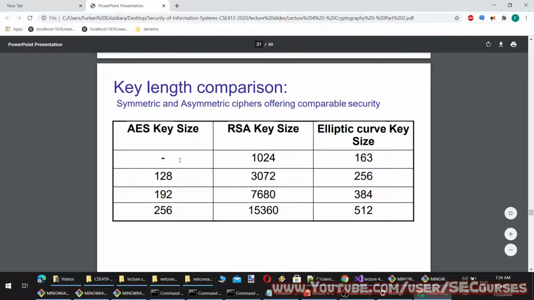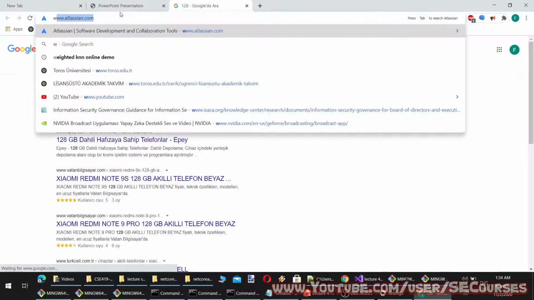Therefore, this would not be secure. As you can see, AES doesn't provide a non-secure key size. And with AES key size 128, we obtain a 3000 RSA key size, which is pretty secure, and elliptic curve 256. So AES is also a lot used.